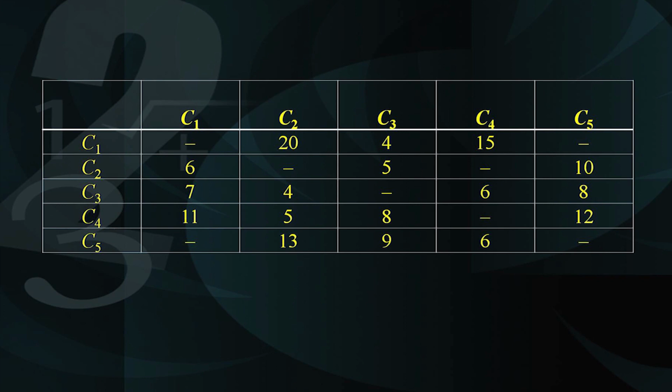Also, you will observe that there is no entry corresponding to C5 to C1 and similarly C1 to C5. The reason is that there is no connection between the city C1 and the city C5. So, that is the reason why this is left as a blank entry.